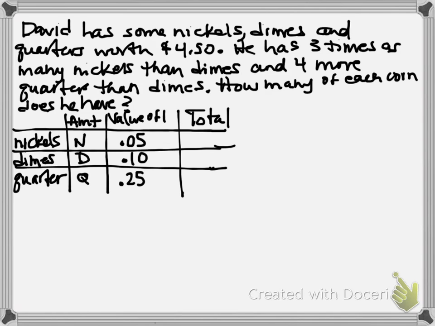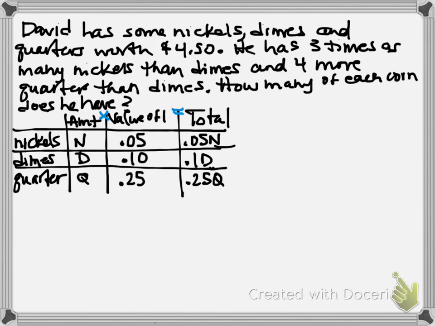Well, we just take how many nickels I have times how much 1 nickel is worth, multiply them, and that equals the total. Kind of like when we were doing rate times time equals distance, the same idea happened in our chart. So the total value of the nickels is 0.05N. For the dimes, I'm going to drop off that 0, and I get 0.1D when I multiply. And for my quarters, I get 0.25Q.